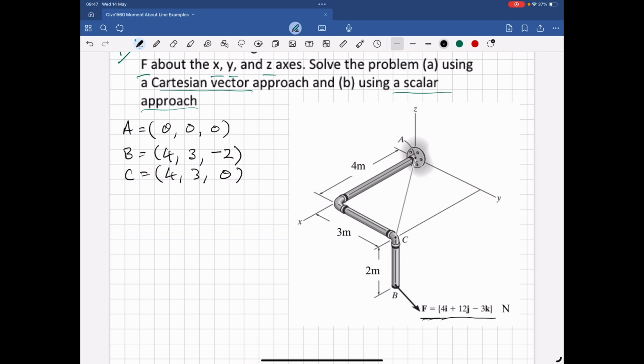We're going to always need some vectors joining these points, or lines joining these points. So let's start these vectors now. So AB is equal to B minus A, which equals 4, 3, minus 2. It's just the same as a position vector.